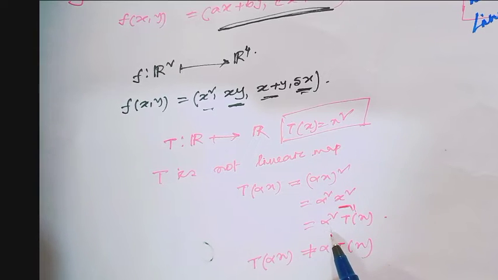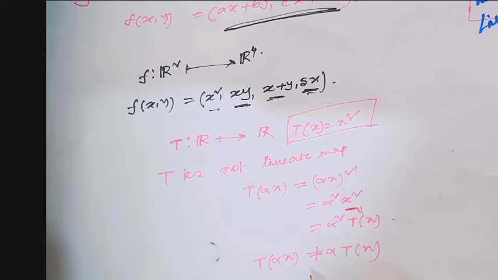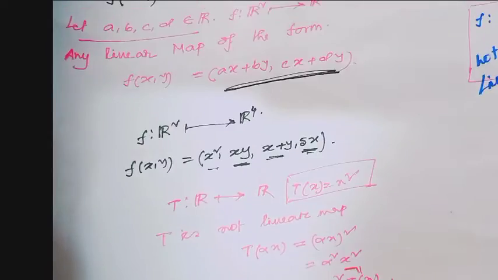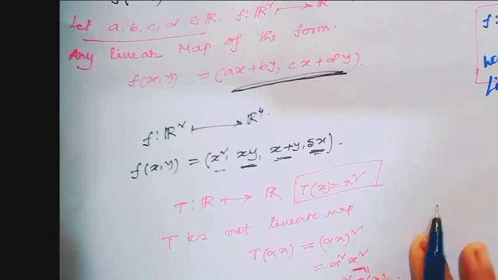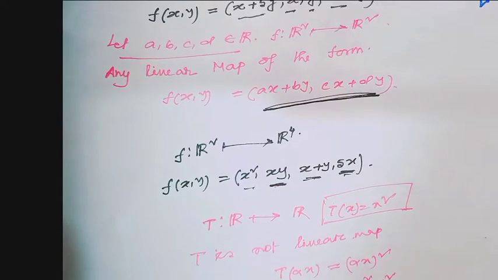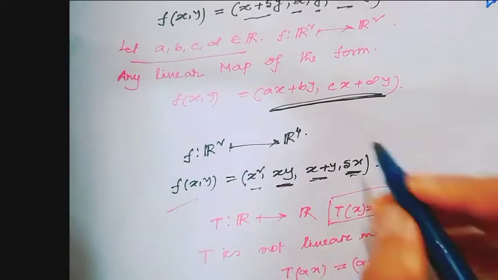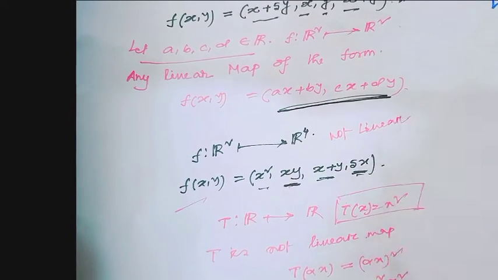That means this equals alpha square times T(x). That means T(alpha x) is not equal to alpha times T(x). So x square cannot be a linear transformation. Similarly, xy cannot be a linear transformation. So this mapping is not linear. Are you getting it?